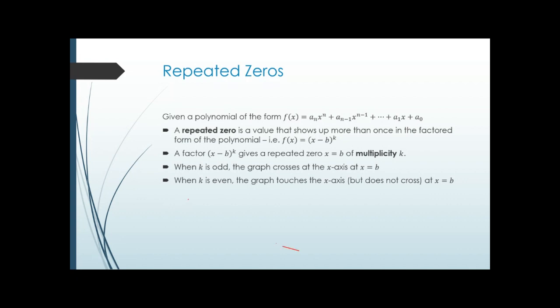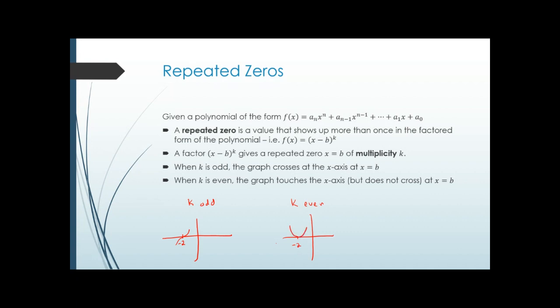So I'm going to just demonstrate what that would look like. If I had a zero of -2 with an odd multiplicity, it just means that my graph goes through that point. It crosses the x-axis. Now, if it was even, so let's say that zero showed up twice, or maybe 4 times, what happens is it bounces off.